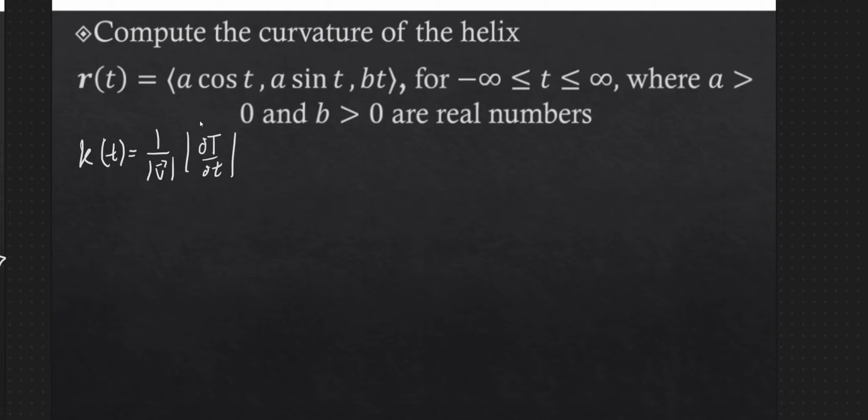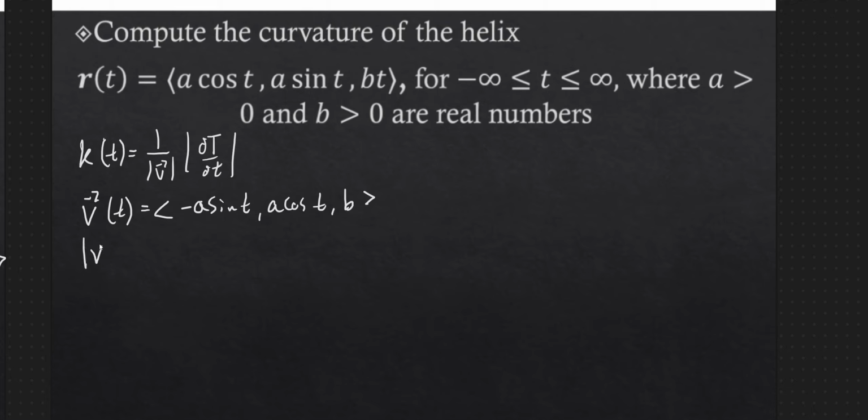So that involves finding this unit tangent vector, taking a derivative of it, and finding velocity. Well, we'll need velocity to find the unit tangent vector anyway. So let's start out by just finding velocity. We've done a similar one before, right? Minus a sine t, a cosine t, and b.